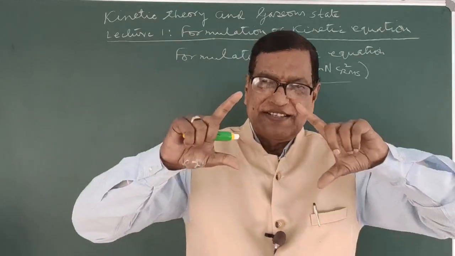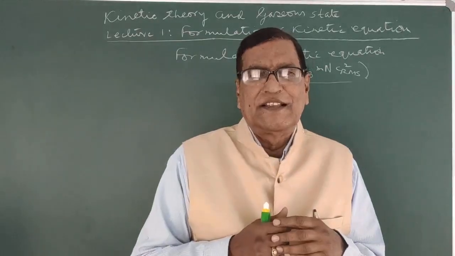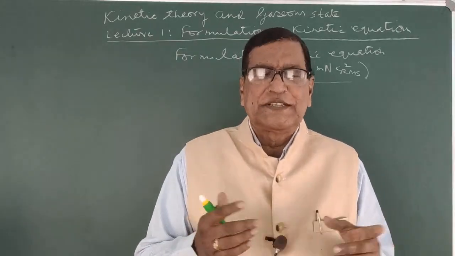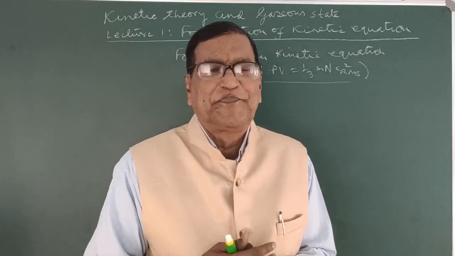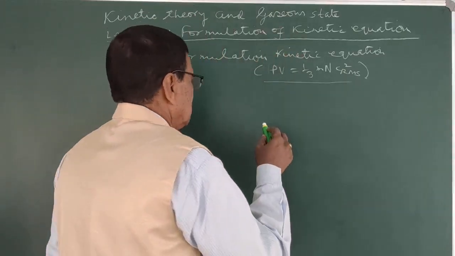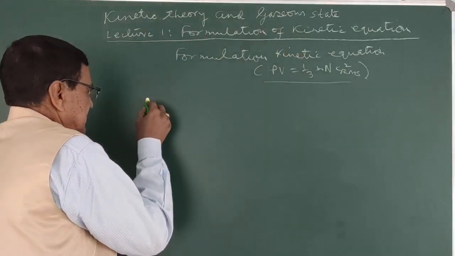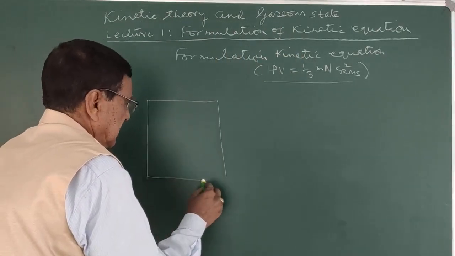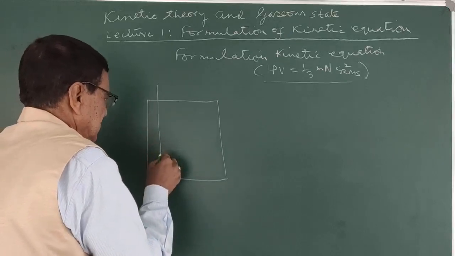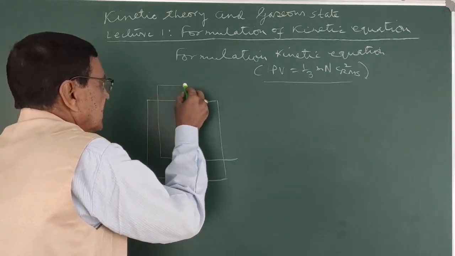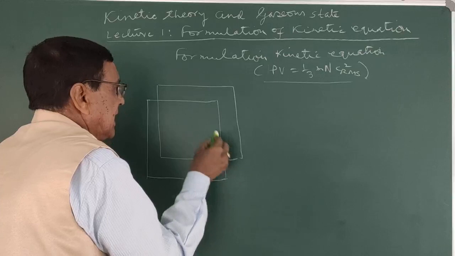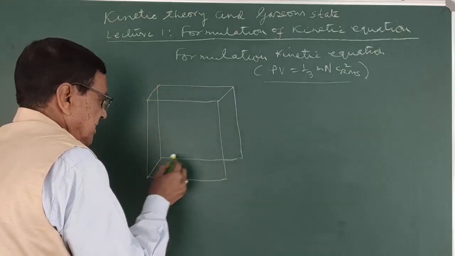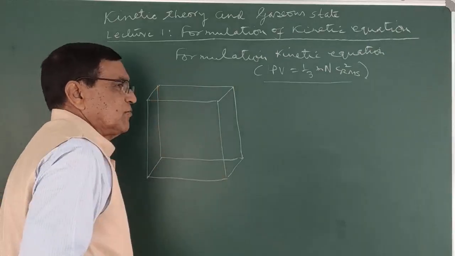Most symmetrical is spherical, sphere, and cube is the second best symmetrical shape. We can draw this cube by two squares, first right, and then the corners are joined. So this is the cube.